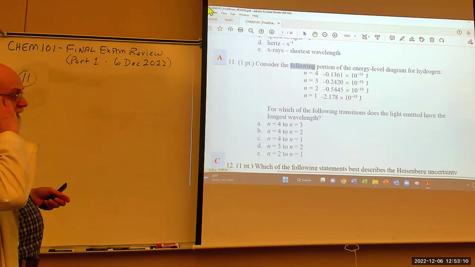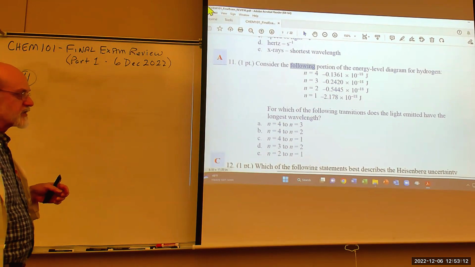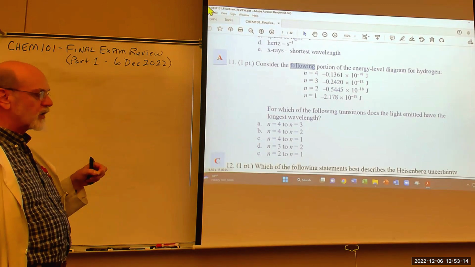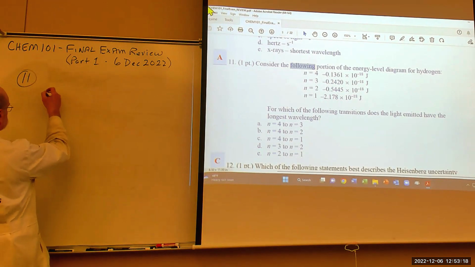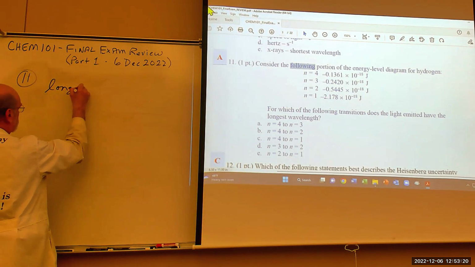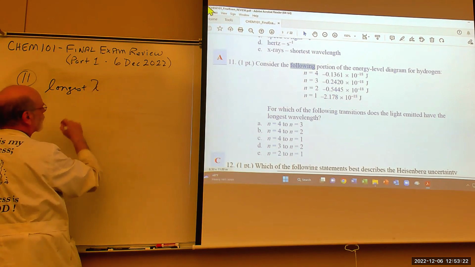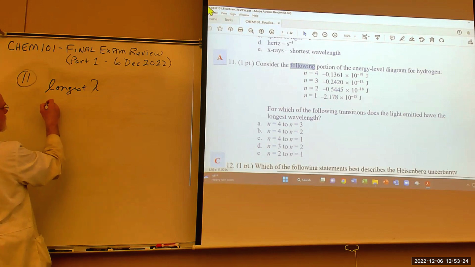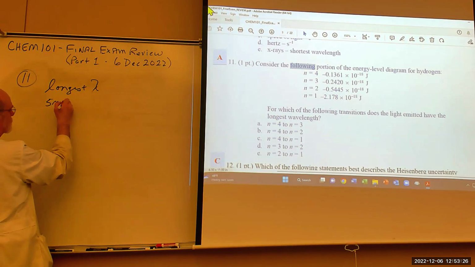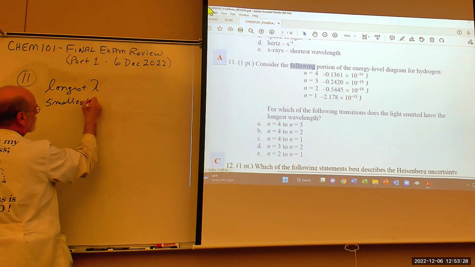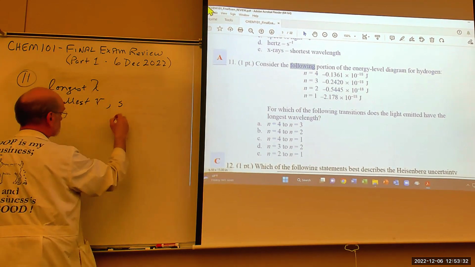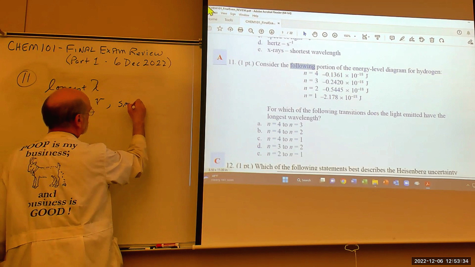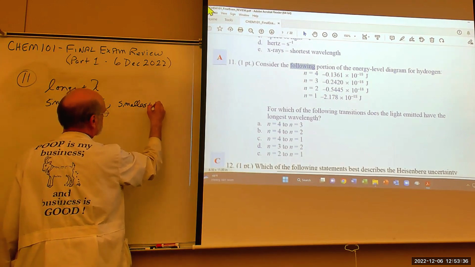Okay, the question is, in which one of the following transitions does the light emitted have the longest wavelength? The longest wavelength. Longest wavelength means the smallest frequency and the smallest energy.